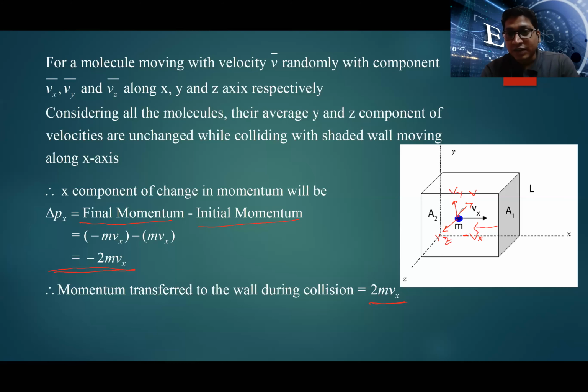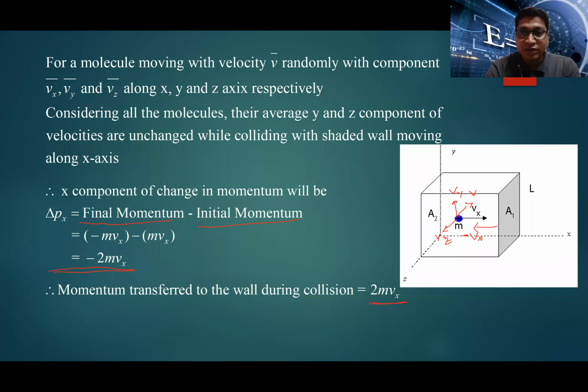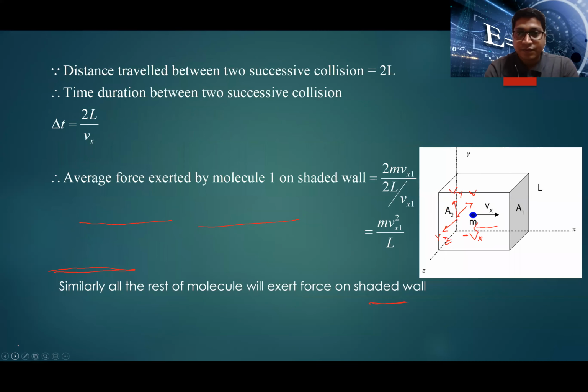Now again see, this gas molecule is moving in one direction and colliding with the wall A1. Over here the direction gets reversed. It will again travel towards A2, collide with A2, reverse direction and come towards A1.